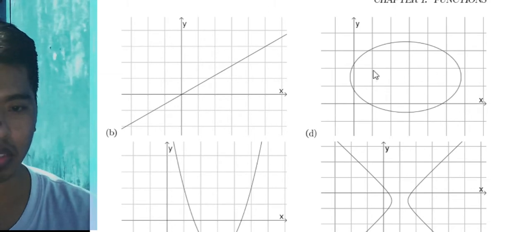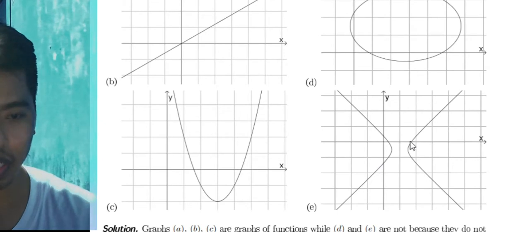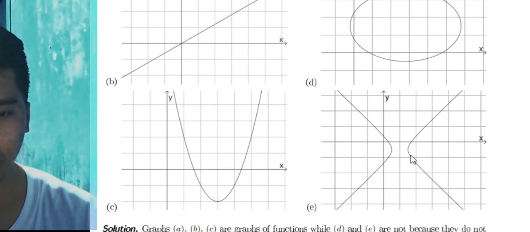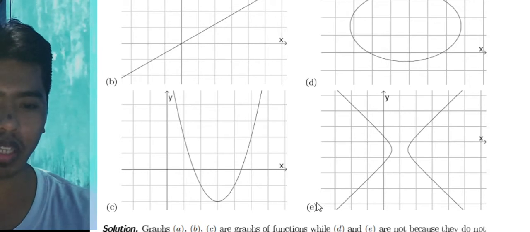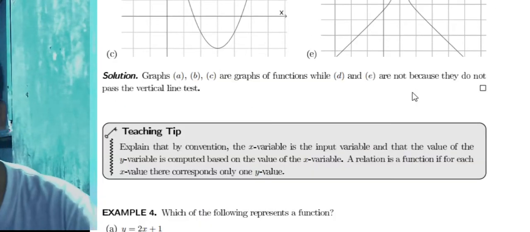Then, this graph is not a function. And like this one as well, look at this. This is not a function because in the vertical line test, it intersects two times that graph. So this letter E illustration or graph is not a function.